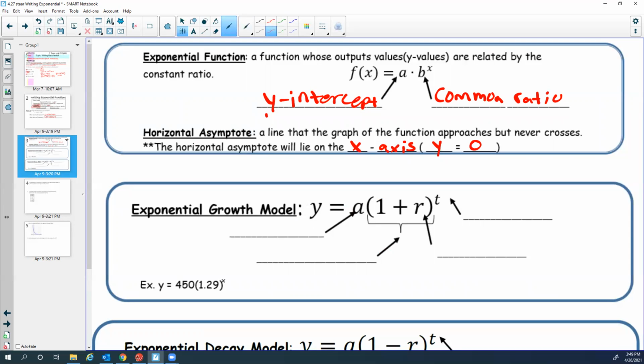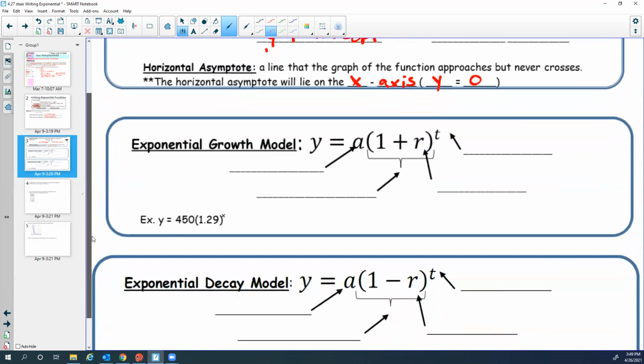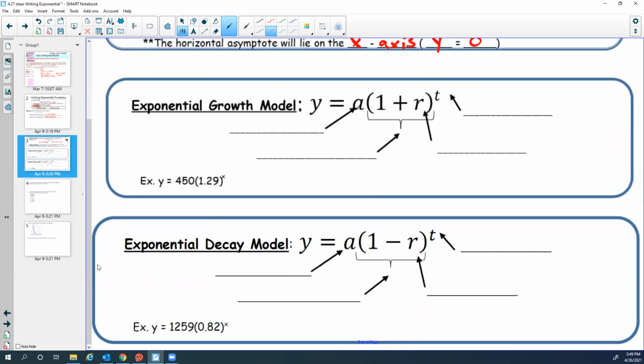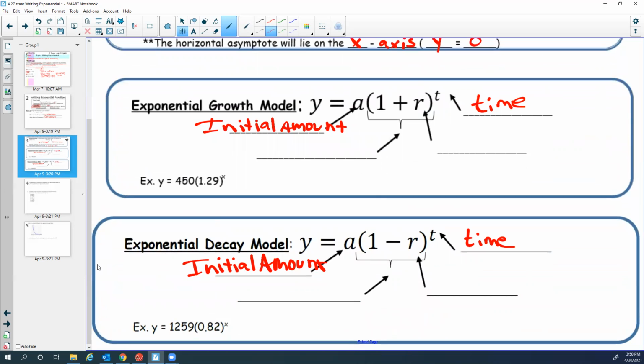Now, when it comes to word problems, we're going to have a growth and a decay model, a growth and decay equation. For both of them, the A is going to be your initial amount. Your T for both of them is going to represent time. The R is going to be the rate, the percentage changed to a decimal.